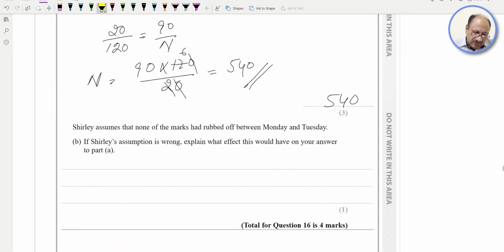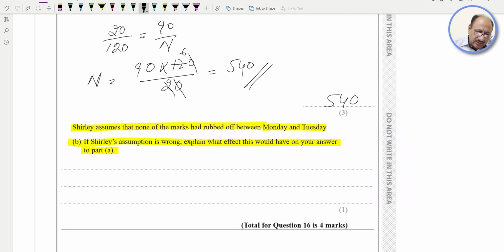Now they're saying Shirley assumes that none of the marks had rubbed off between Monday and Tuesday. If Shirley's assumption is wrong, explain what effect this would have on your answer to part A. So if the marks are reduced, Shirley will be having overestimation in that case.